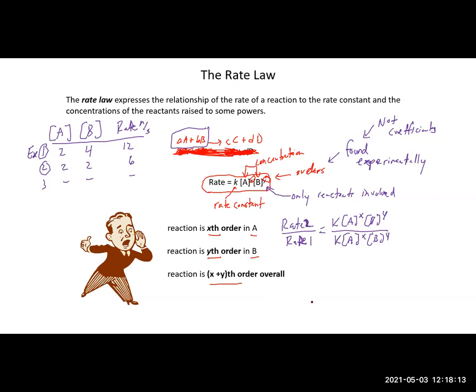So in my example, in experiments 1 and 2, the concentration of A remains constant. Concentration of B varies. And the idea behind that is obviously we don't want more than one unknown, right?